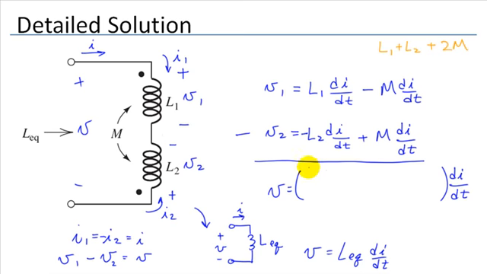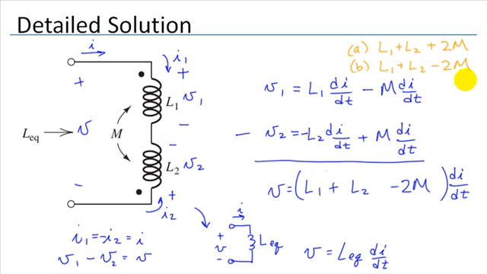I then subtract these two equations. Minus a minus gives us a plus. And here we have minus M. And now it appears that the equivalent inductance is L1 plus L2 minus 2M.